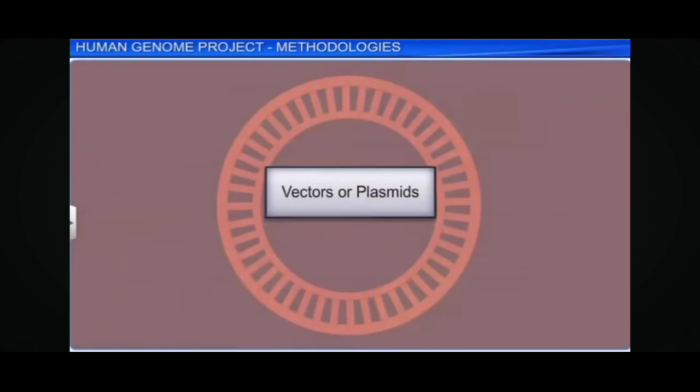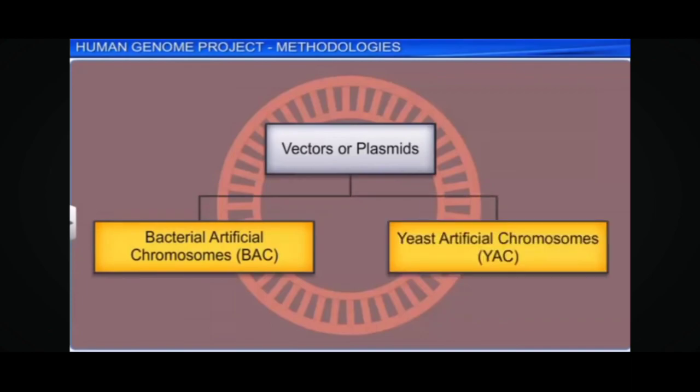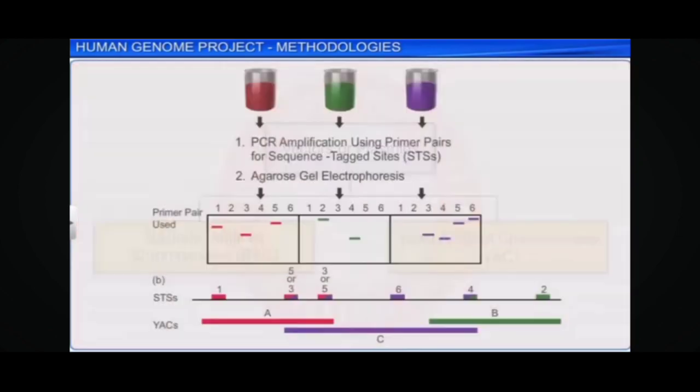The vectors were called bacterial artificial chromosomes or BAC and yeast artificial chromosomes or YAC respectively. The cloning amplified each DNA sequence, which made it easier to sequence.